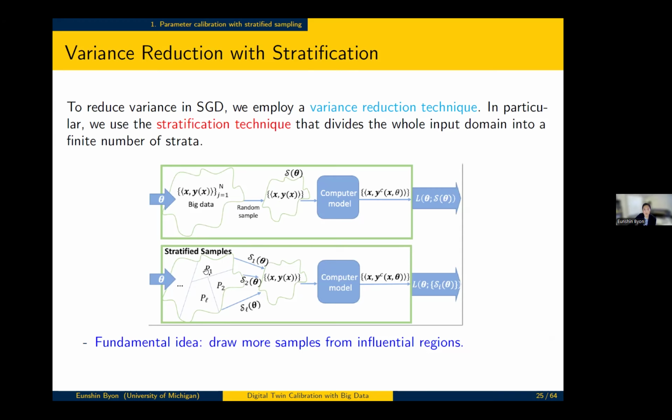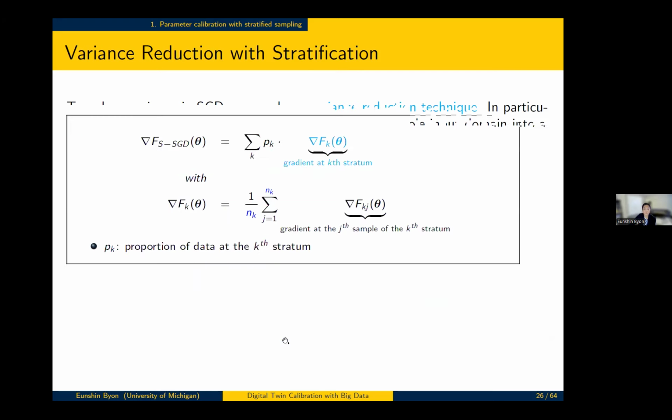This partition is called a stratum. The idea is, if some strata are more important, then we draw more samples from there. Suppose P1 is the influential stratum, then we draw more samples from P1 compared to other strata. This is the idea of stratified sampling.